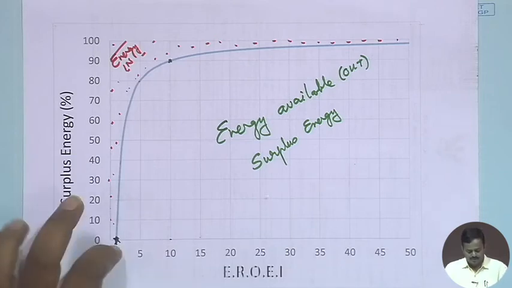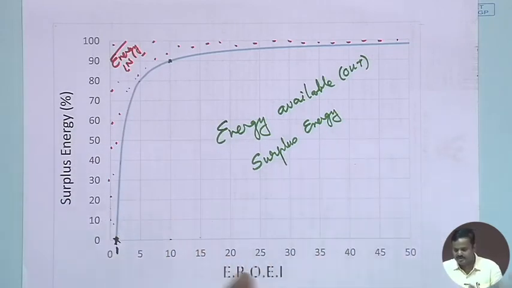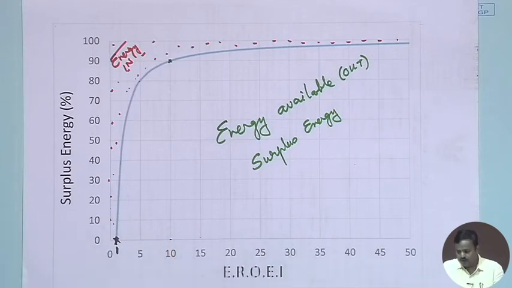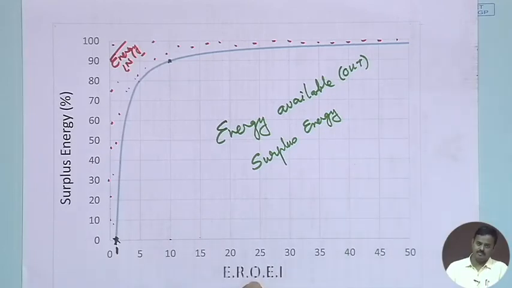Okay. So, let us now look at this curve and try to see where we stand if we look at the different sources of energy that we know of. Let us first talk about oil, which is something that has been one of the prime drivers of our economy today. In 1950, when oil extraction was first done, you could do that at almost an EROI of 100, which is way toward the right of the curve.